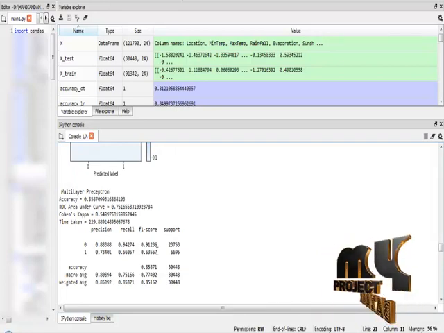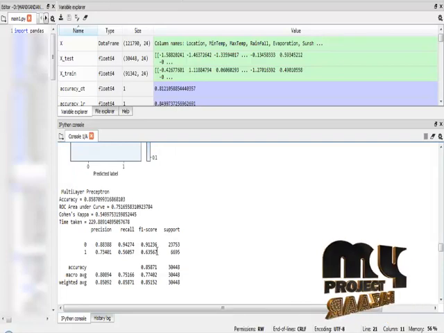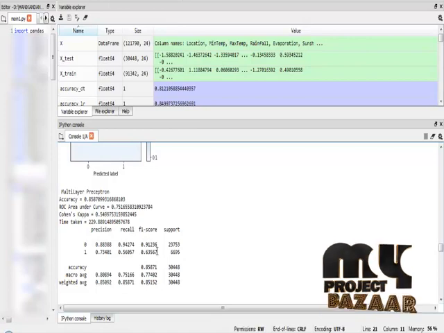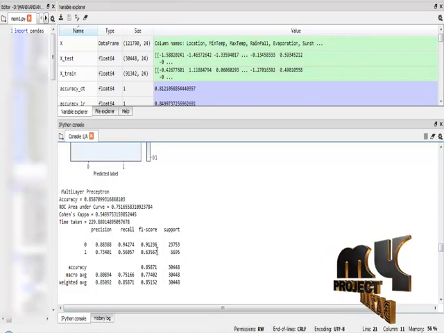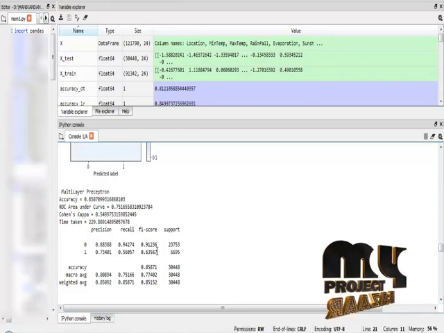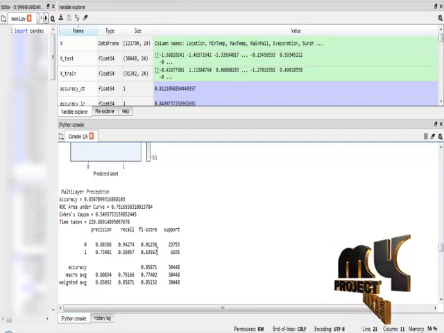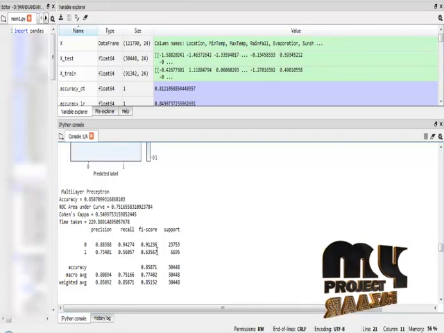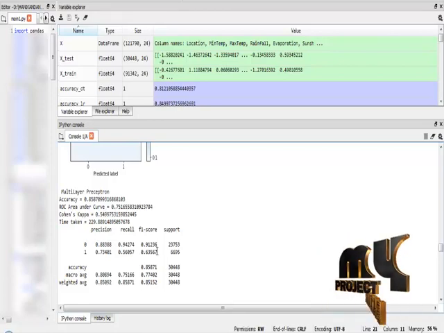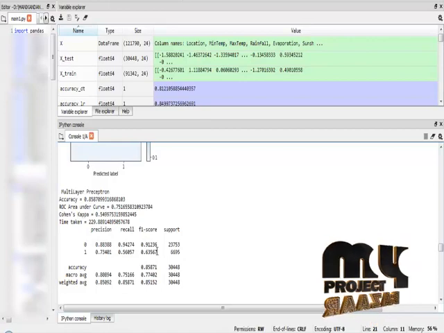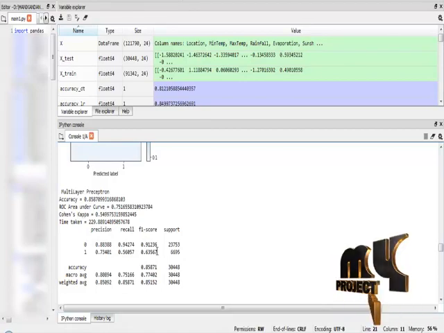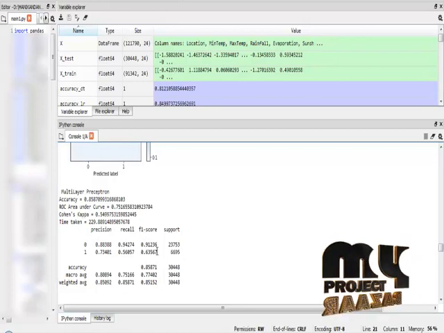The multi-layer perceptron is one of the neural network algorithms that comes from the artificial neural network family. The accuracy of MLP is 0.85, that means 85%, the ROC area under curve is 0.75, that means 75%, the Cohen-Kappa score is 0.54, and the time taken for training is 229.8 seconds, because the parameter of the multi-layer perceptron algorithm is applied for 500 iterations.